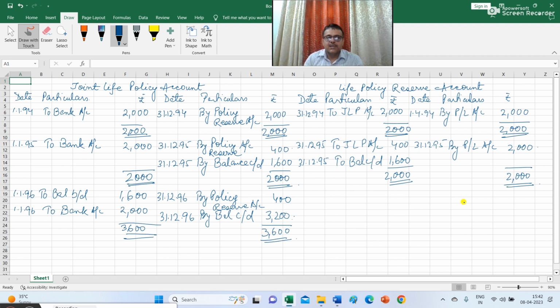Now in policy reserve account on 1st January 96 the balancing figure will be brought down here as by balance BD 1600.